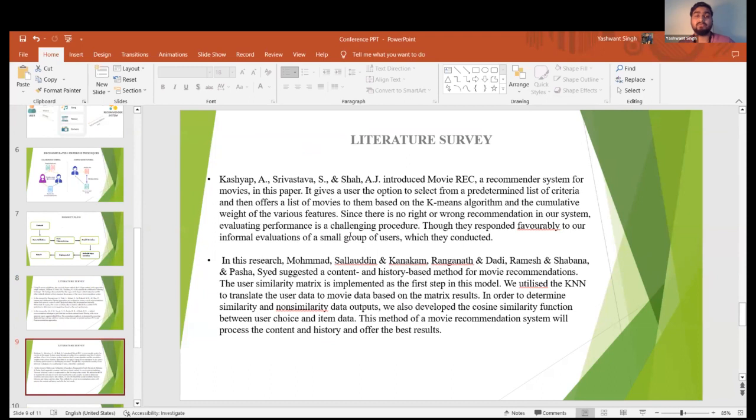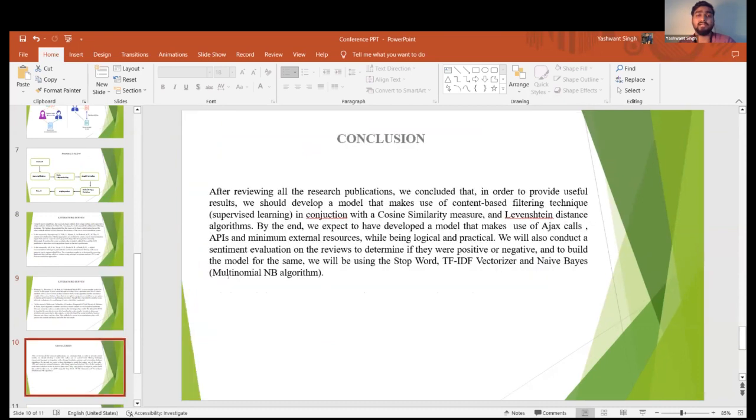After studying, I have included only 5 papers here, but we have gone through various 30-40 papers, and we have concluded that the best and the most suited filtering technique for our need would be content based with supervised learning.